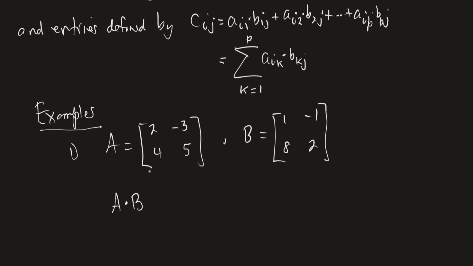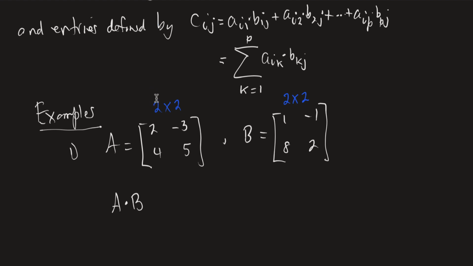Now, what is sometimes lost until you really get used to it is the fact that in order for matrix multiplication to be defined, remember what the definition says. I'm not going to scroll back up, but I'm going to remind you.